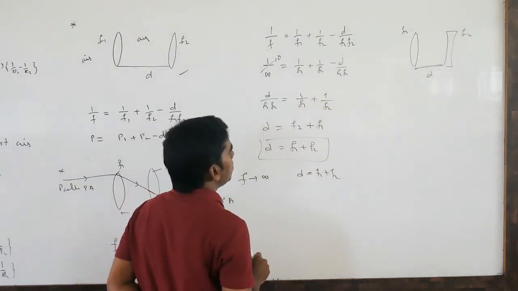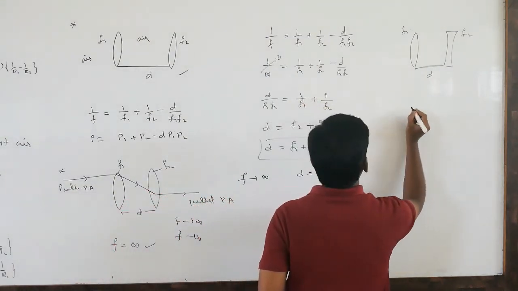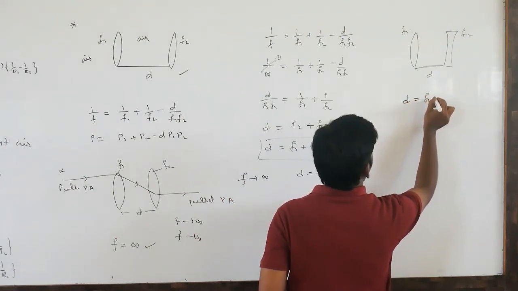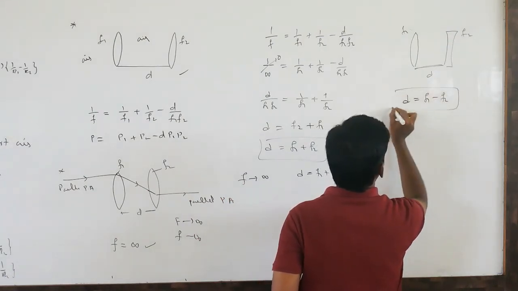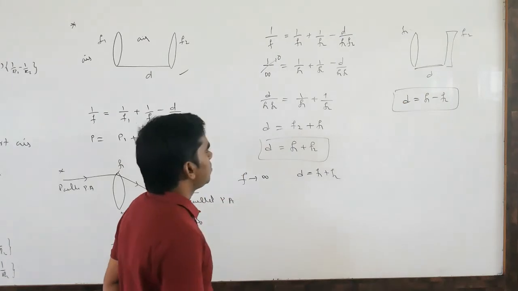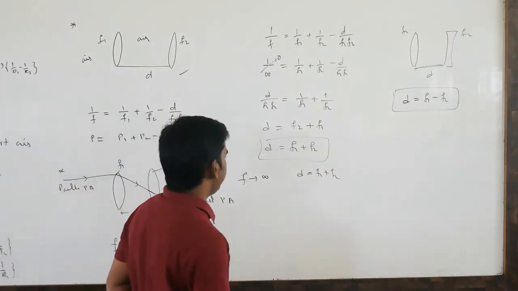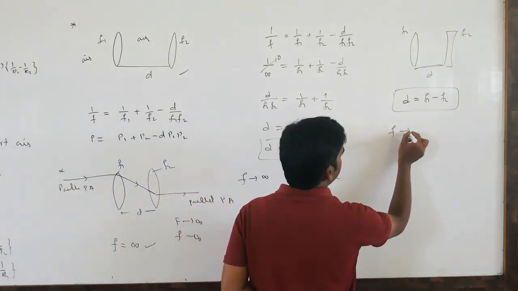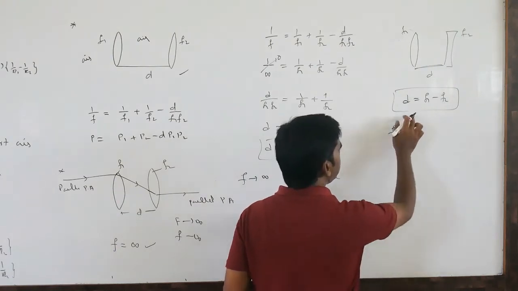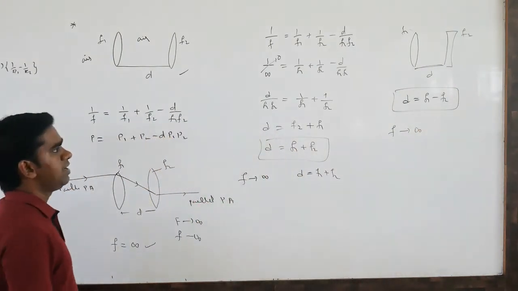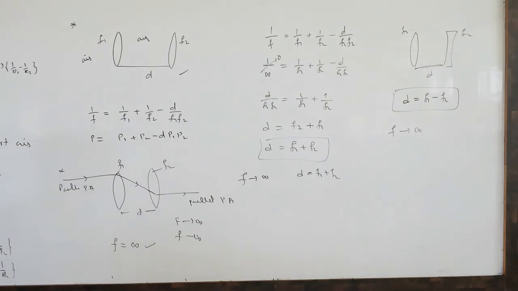So you can directly write d should equal f1 minus f2. If you take d equals f1 minus f2, again you will get the equivalent focal length as infinite. So this is the condition for d to get the combination focal length as infinite.